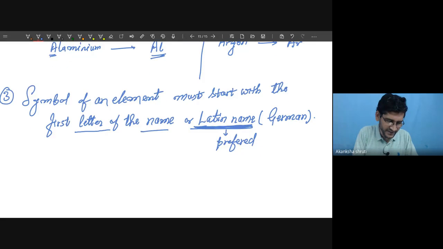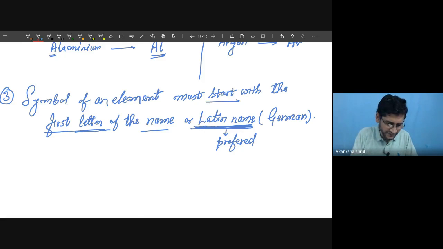Let us understand this better. The symbol of an element must start with the first letter. But it may be possible that more than one element starts with the same letter, then more than one letter should be taken in the symbol.